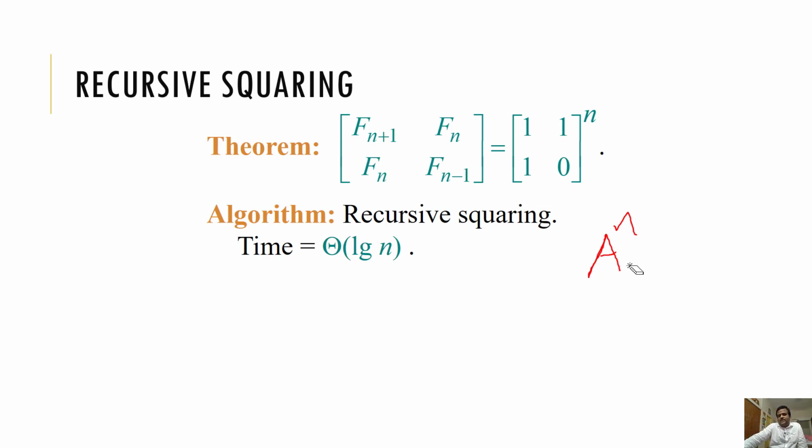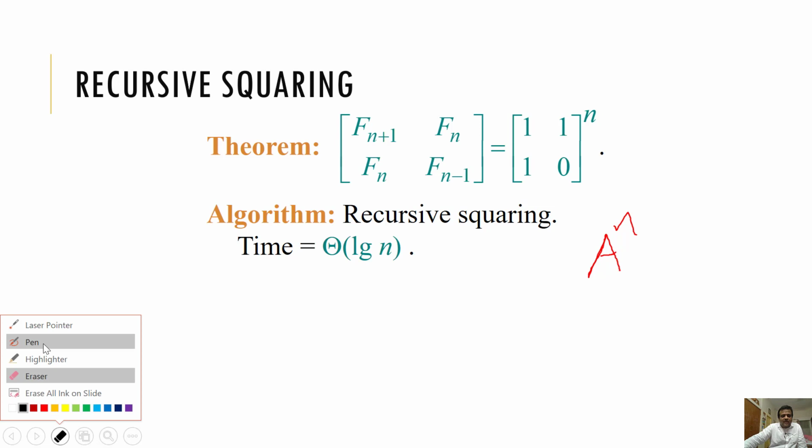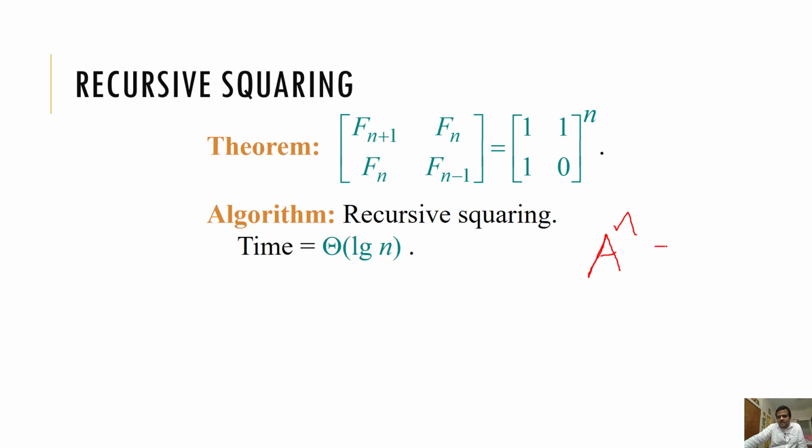If we can get the result of A to the power n, that will again be a 2 by 2 matrix with some values a b c d, because we keep on multiplying 2 by 2 matrices. So, eventually the result will be a 2 by 2 matrix. Once we have that 2 by 2 matrix, this is nothing but this.